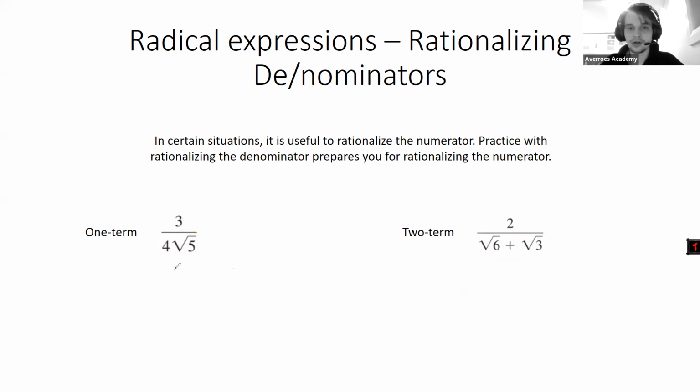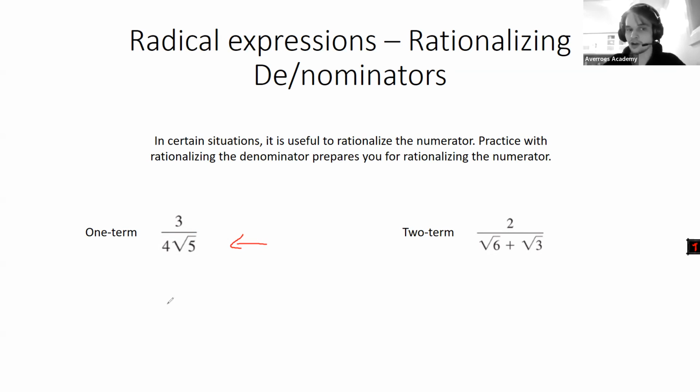The general idea of how to rationalize such an expression is that when we have a one-term radical, we simply need to multiply both numerator and denominator by the, sorry, when we have a one-term expression, we need to create a square out of it to get rid of the radical expression.